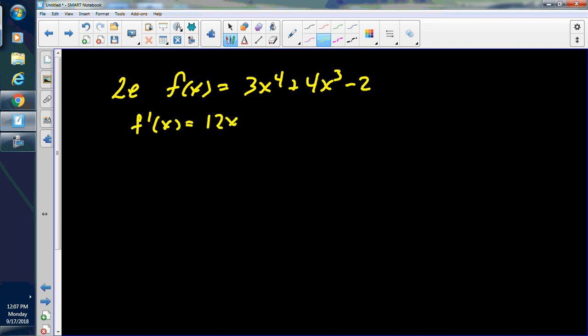That would be 12x cubed minus 12x squared. The second derivative would be equal to 36x squared minus 24x.